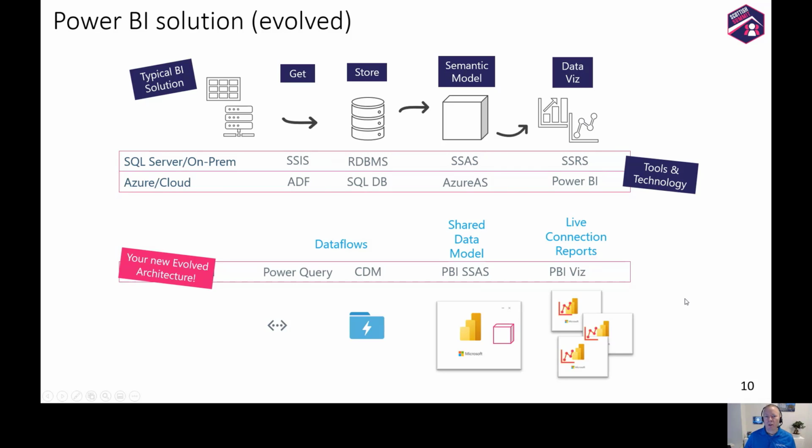So what have we done, and how have we separated our one file into multiple components to look at a new evolved architecture? So our get data and our storage now has data flows which play the part of Power Query to acquire and transform that data, and then the common data model or Azure storage to store the result set of those queries.